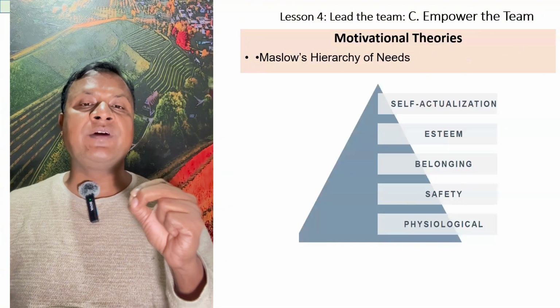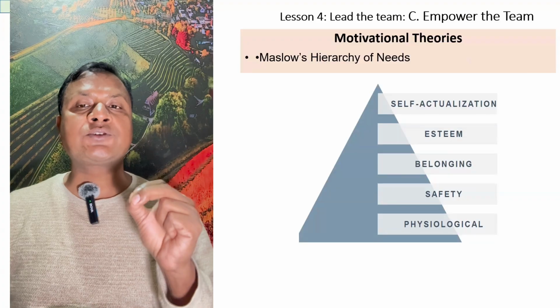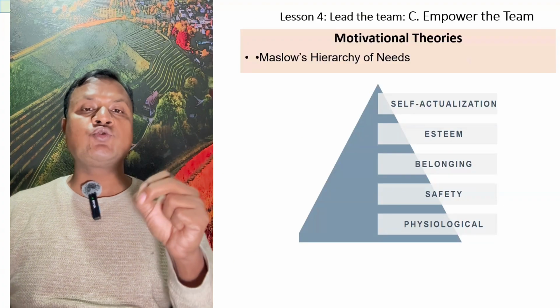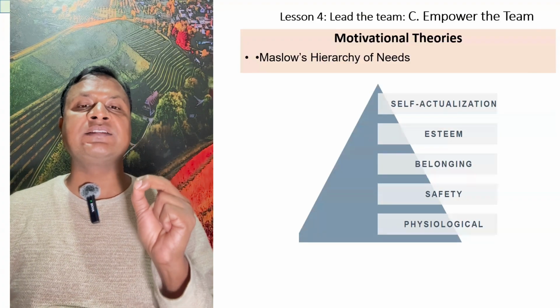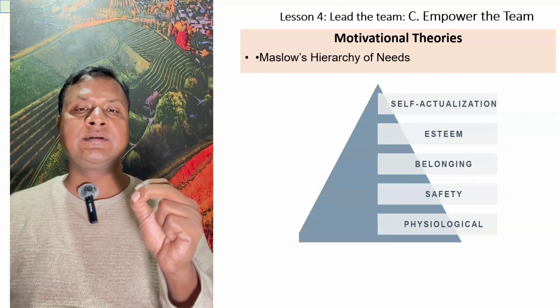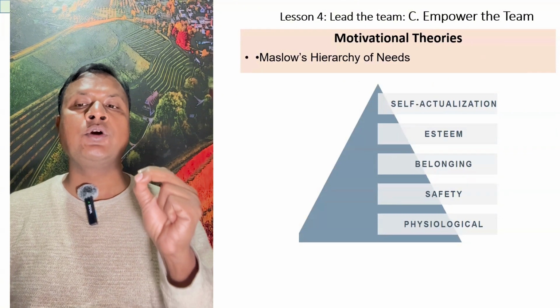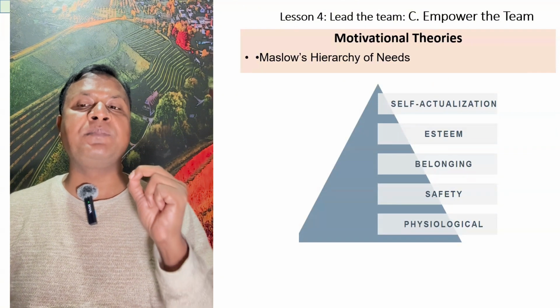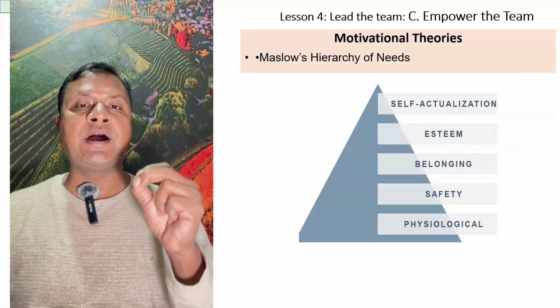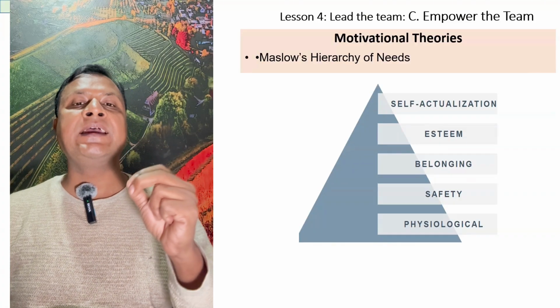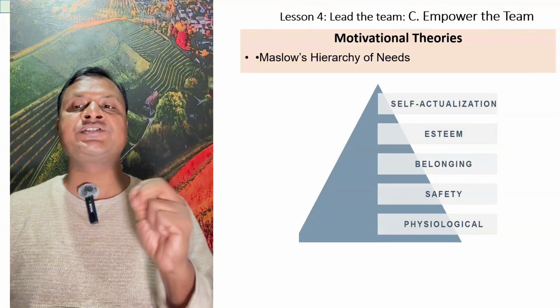And another one, very important and renowned, is Maslow's hierarchy of needs. Actually, human beings first want the physiological needs. He wants to focus on 5 basic needs. Then people want safety. Then people want belongingness, ownership.